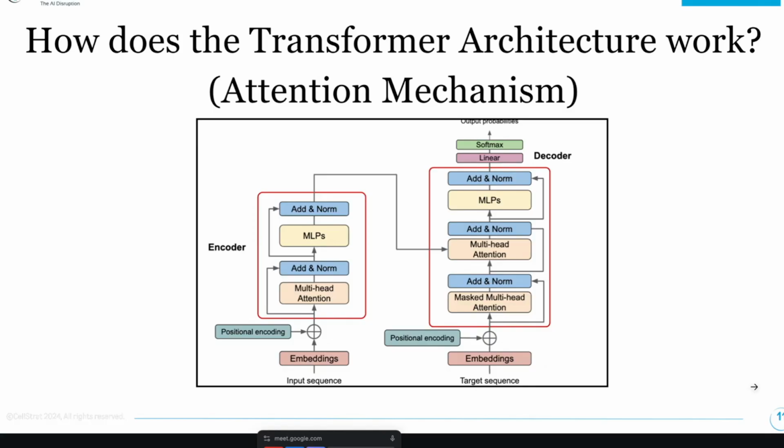Next, we have the addition and normalization feature. In the addition and normalization feature, you would have heard of the function called ReLU. ReLU is basically an activation layer.